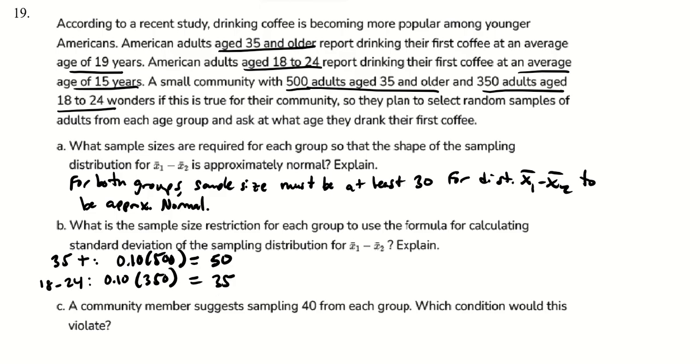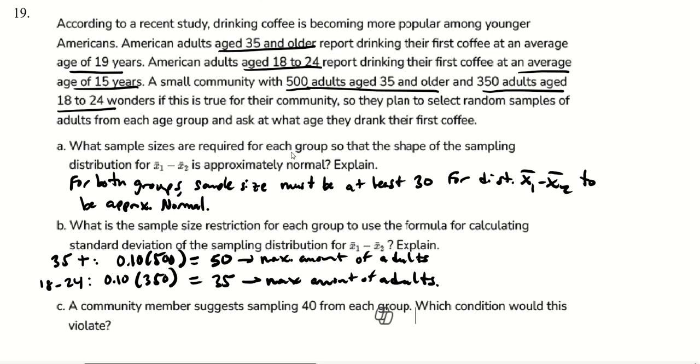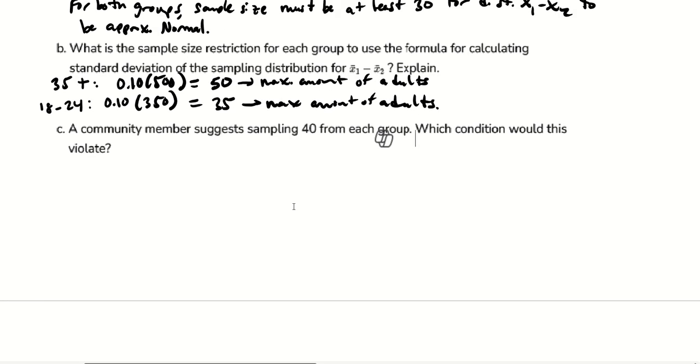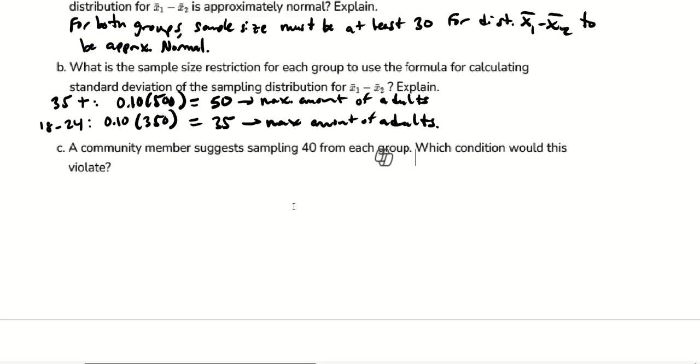Okay, so this is the largest amount. So n would have to be less than or equal to that. So the max amount of adults, and then this is the maximum amount of adults. So that's the largest that you can have. You have to have less than. For me, I would say less than, but here you could get away with saying less than or equal to.